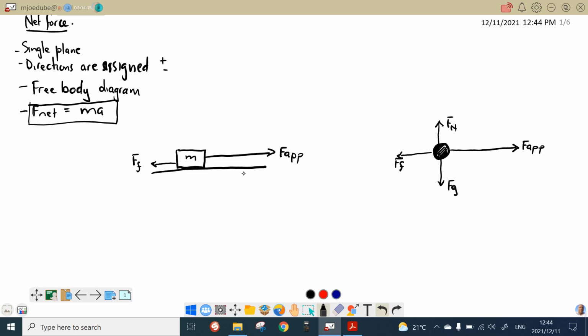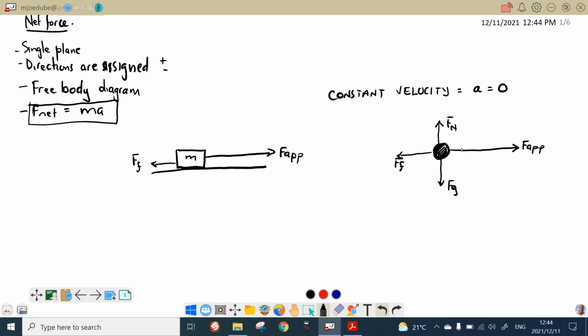So now, because this object is moving with a constant velocity, you need to be able to tell what that means. If an object is moving with a constant velocity, it simply means that the object has an acceleration equal to 0. A is going to be equal to 0.